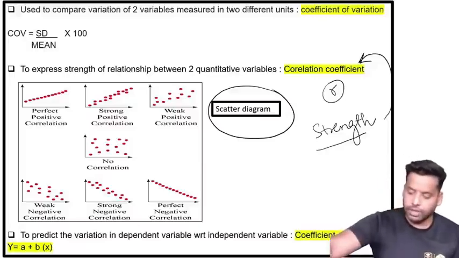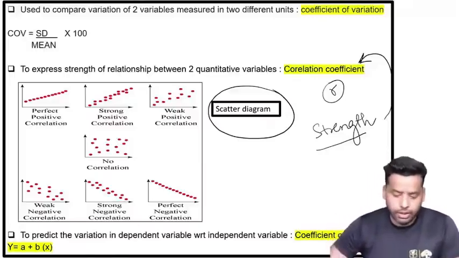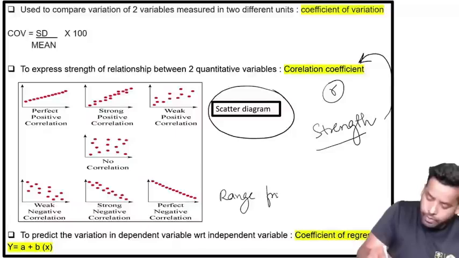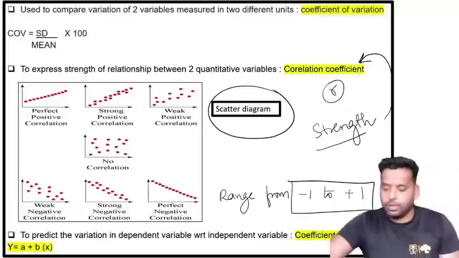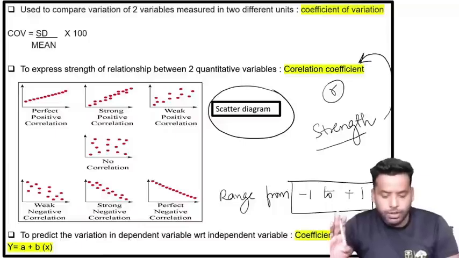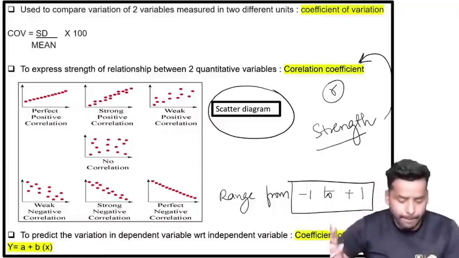Always keep in mind, correlation coefficient ranges from -1 to +1. The limit is always from -1 to +1.